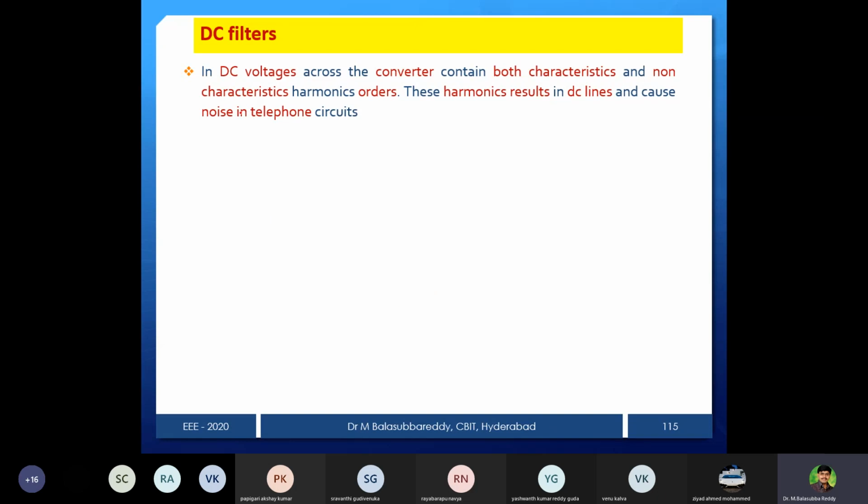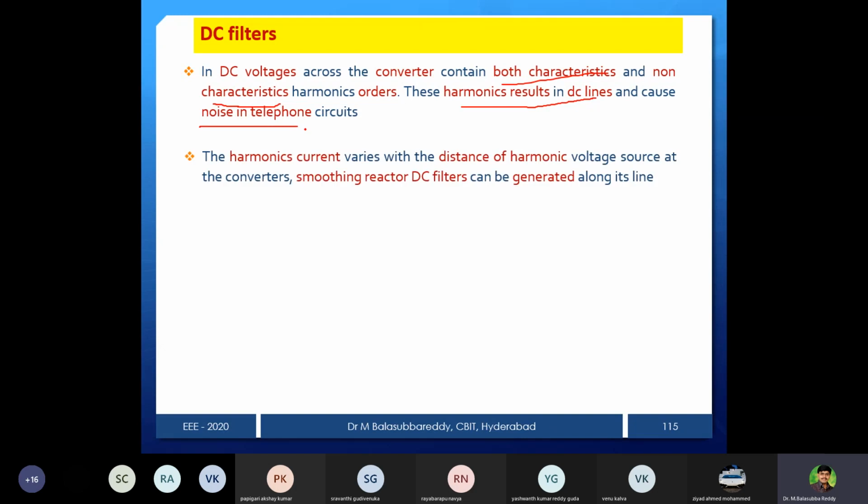And now in the case of filters, the DC voltage across the converter contains both characteristic as well as non-characteristic harmonics. Other than characteristic, we call it non-characteristic. So due to the reasons I mentioned, they may produce non-characteristic harmonics also. These harmonics result in the DC line and cause noise in telephone circuits.